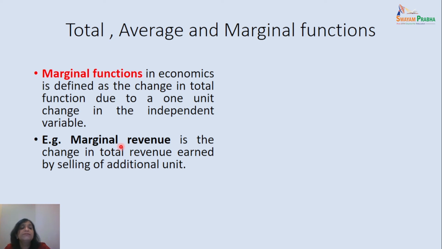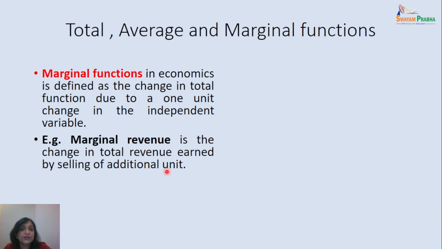As we have said, marginal function is what? Marginal function is the change in the total function because 1 unit change in the independent variable has taken place. So what will be marginal revenue? Marginal revenue is the change in the total revenue which has taken place because the firm is selling 1 extra unit.